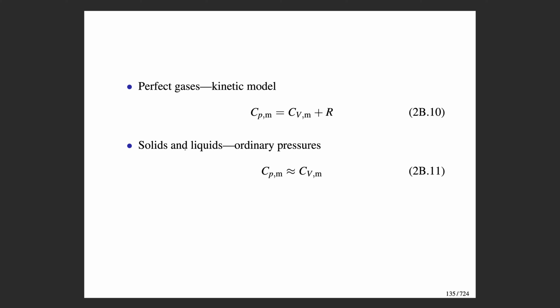And another important thing to realize is that for solids and liquids, under ordinary pressures, the difference between the isobaric and isochoric heat capacity is essentially nothing. So they're basically the same for solids and liquids when the pressures are low. If you go to very high pressures, of course, then there will be differences between them. So keep that in mind.